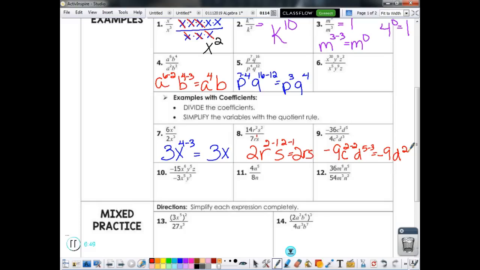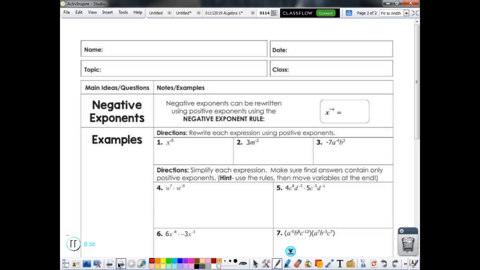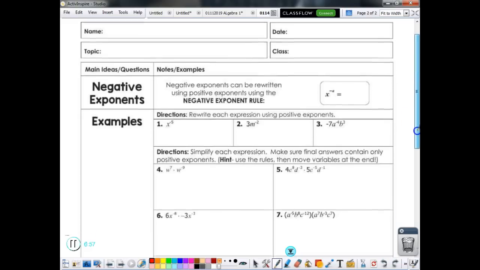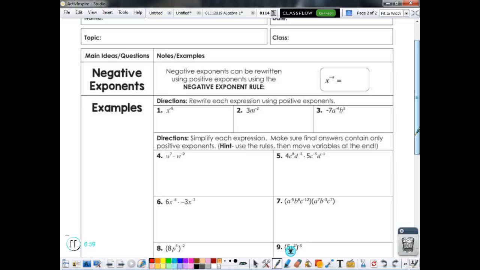Alright, let's go to the back. So the back, now we have negative exponents. Okay? So x to the negative 5. When you have a negative exponent, what you have to do is put it on the denominator.